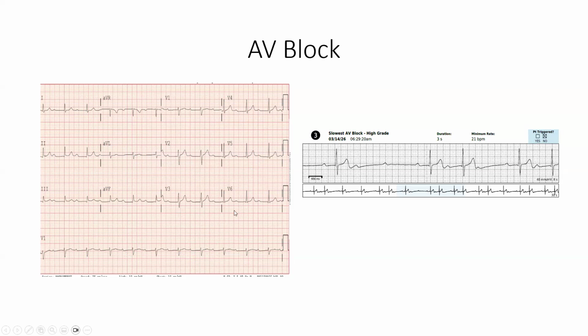He has since been complaining of fatigue and falling asleep easily and sometimes feeling dizzy and lightheaded. I put a Zio monitor on him, and there are times where he is blocking down. And here the escape rate on average was 21 beats a minute. So we're going to put a pacemaker in him.